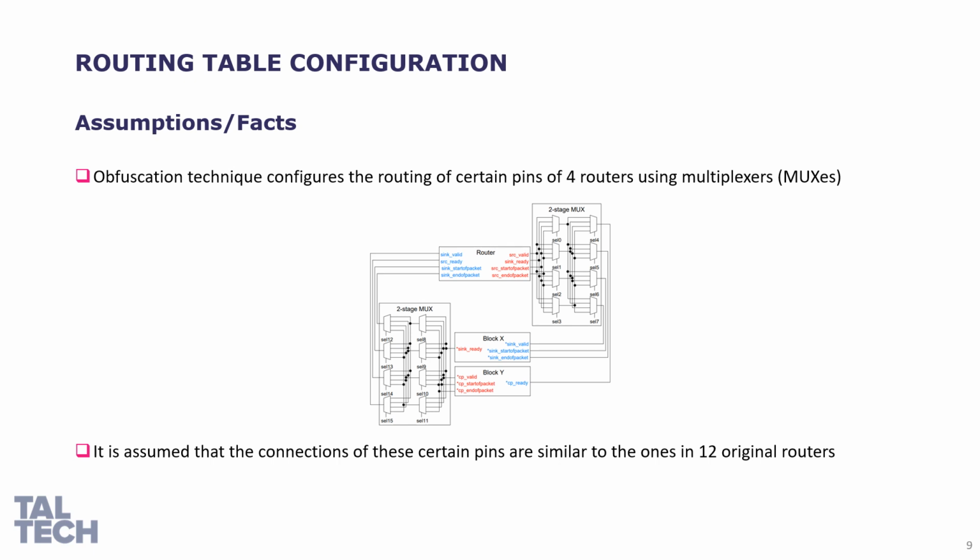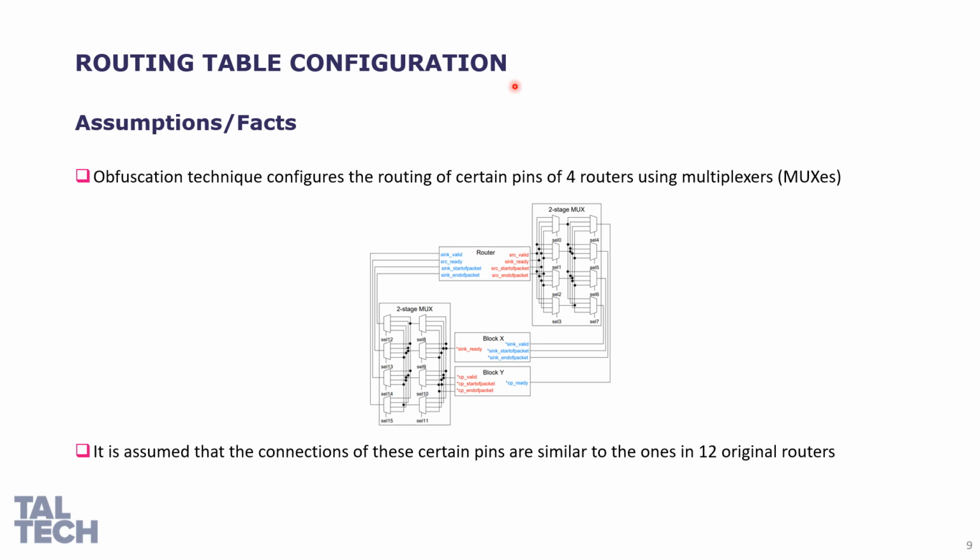Last but not least, another obfuscation technique is routing table configuration. This obfuscation technique configures the routing of input pins for the routers with the help of multiplexers. The circuit that was provided during the competition consists of 12 routers, and 4 of them were obfuscated.